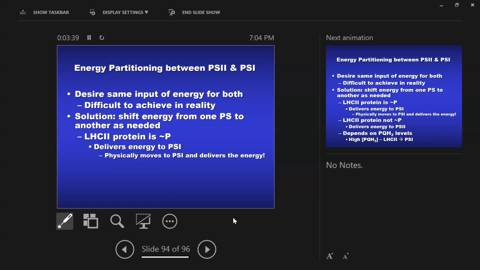Some leaves are going to be shaded, some are in bright sun. You've got a whole messy situation going on there, so it's not always exact. And so they have to have a way to deliver energy to the one that's lagging, boost it up with a little bit of extra energy. So again, it's a phosphate group that's really telling the plant what to do.